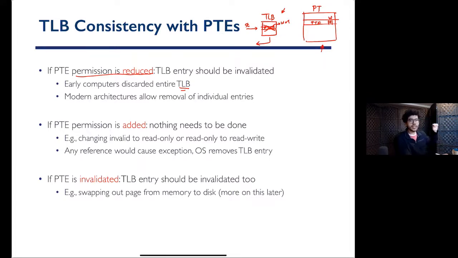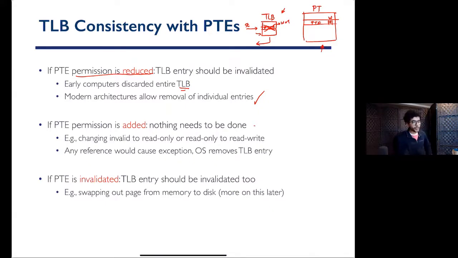You can actually invalidate a single page table entry in your TLB, so that's fine. That's what you should be doing. So if the operating system reduces the access, then it has to go and tell the TLB that this particular entry is no longer valid.